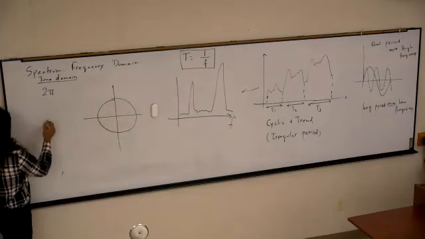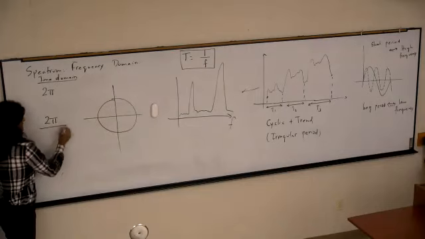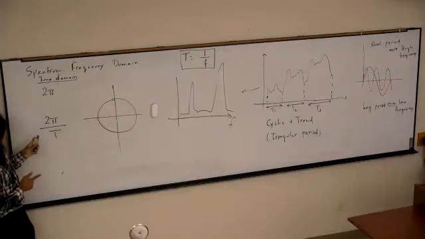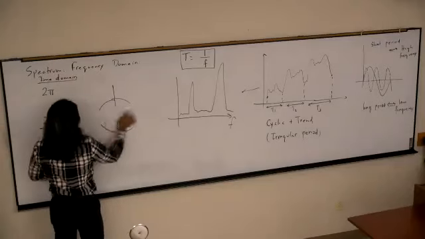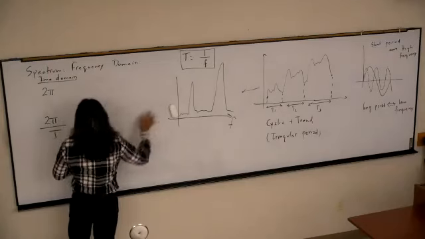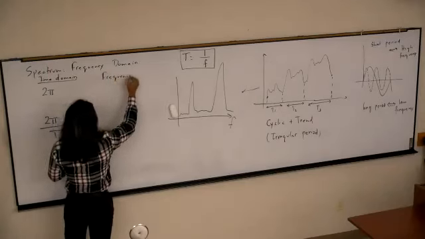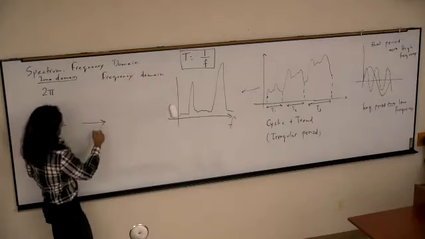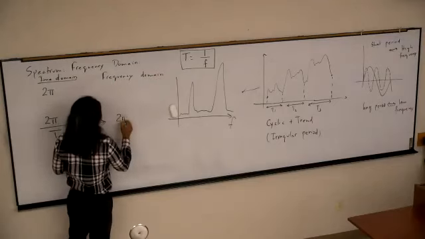So I can write this in a generic way as 2 pi divided by the period, 2 pi over t. This in the time domain would translate to the frequency domain as 2 pi f.